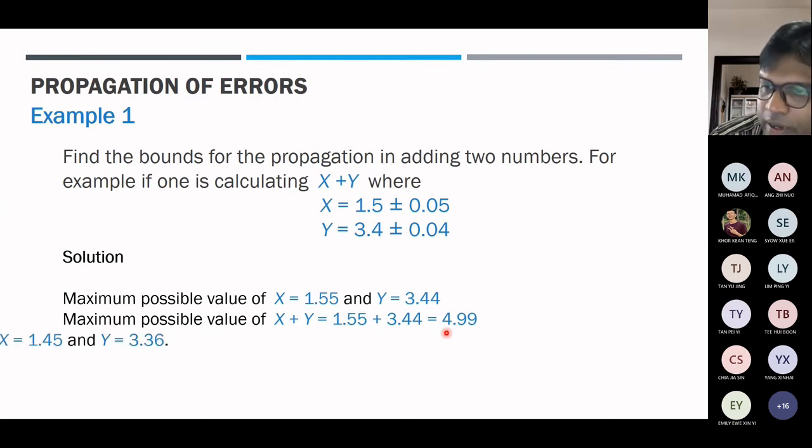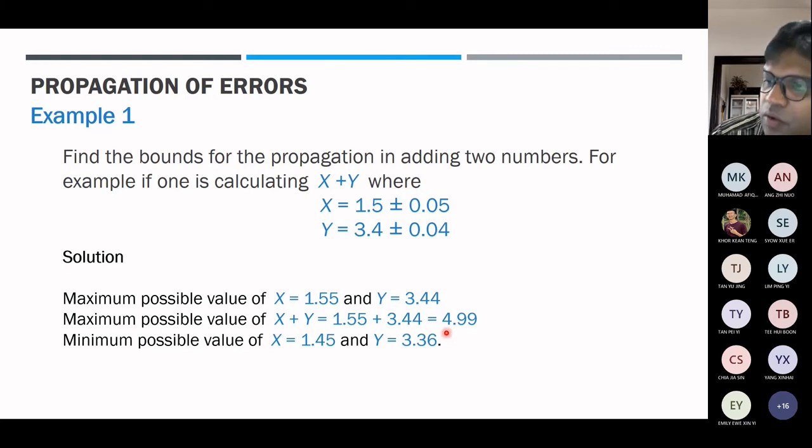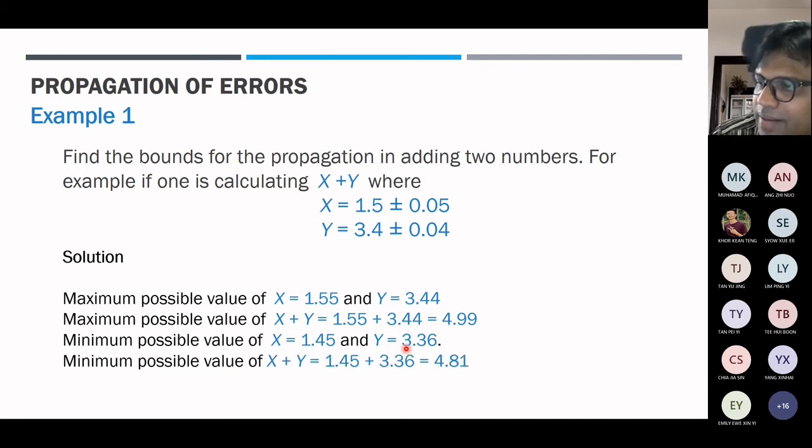So the minimum possible value, as I said earlier, could be 1.45 for x, and for y it could be 3.36. Then we add them up, so we get the minimum possible value by adding the two elements, x and y, which is 4.81.